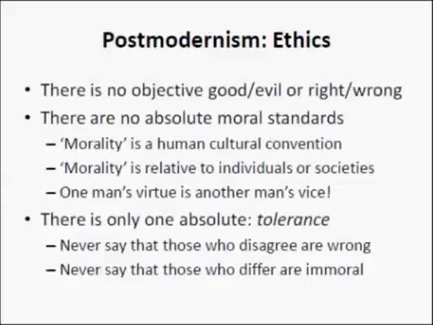We can't say that something is right, period, or wrong, period, end of story, for everyone, everywhere. Morality, like truth, we thought about a moment ago, morality, for the postmodernist, is a human cultural convention. Human beings get together and they agree, this is how we're going to live. We're going to say that this is good and this is bad, this is right and this is wrong.